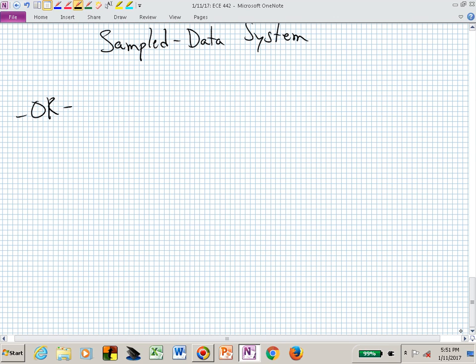We could have what I will refer to as more of a pure digital system. So we now might start with a system, not G of S, but a G of Z, a system that's beginning as a digital system.